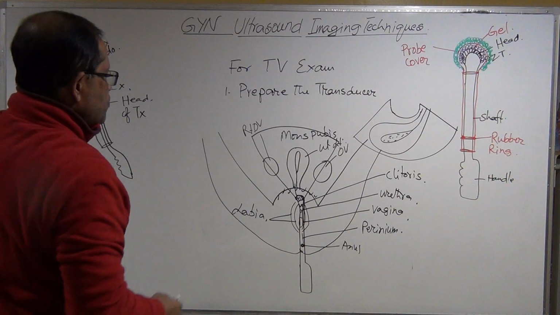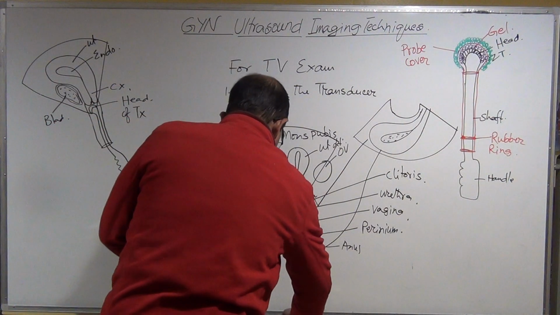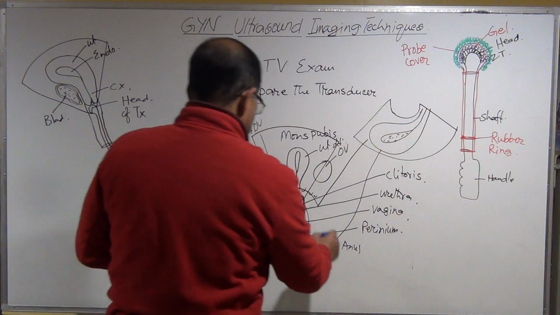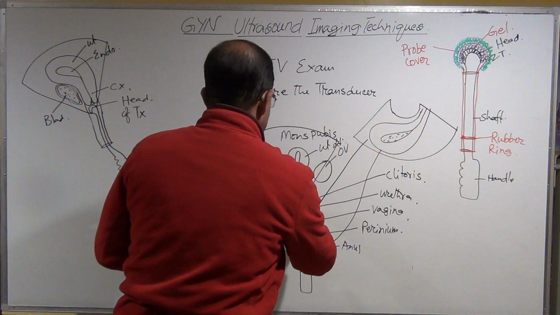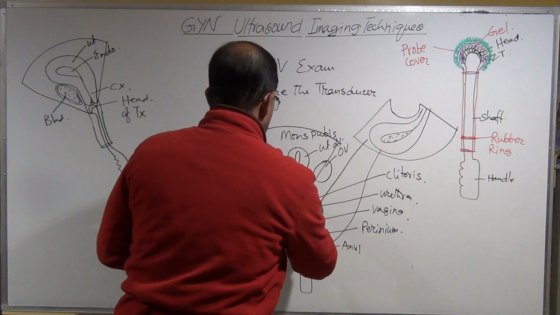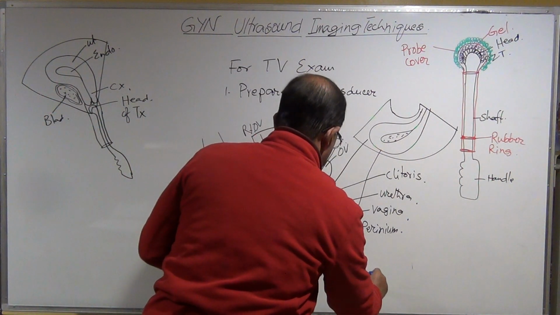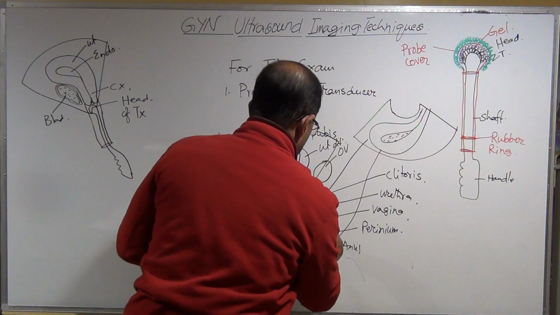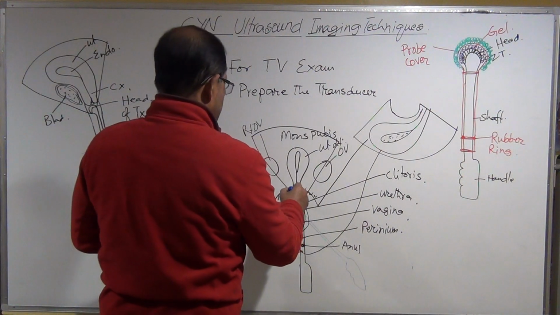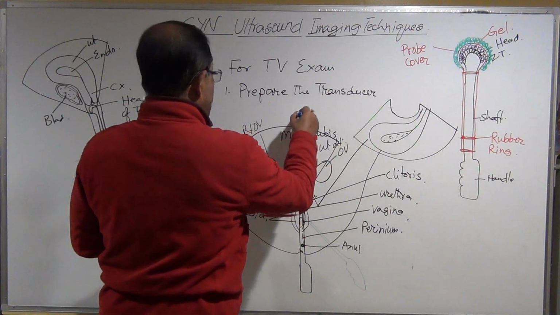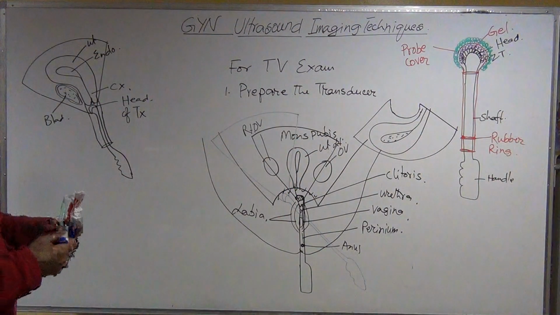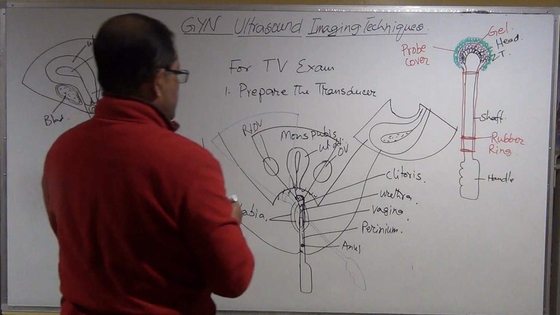Okay? And now, if you want to see the right ovary, then the transducer head should be here, and the handle would be there. And the beam is going this and this. You can cover it. The color is not good, okay?